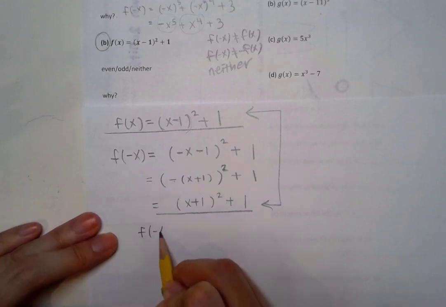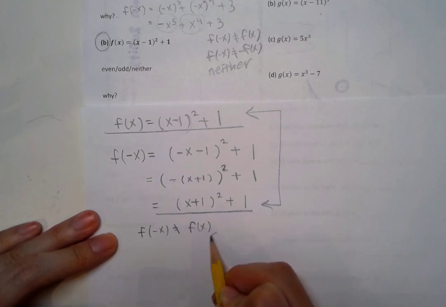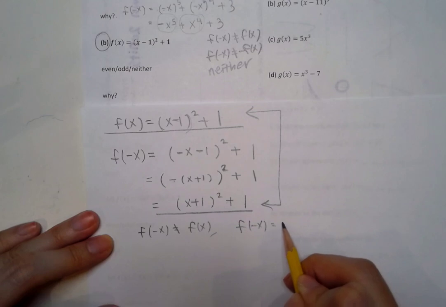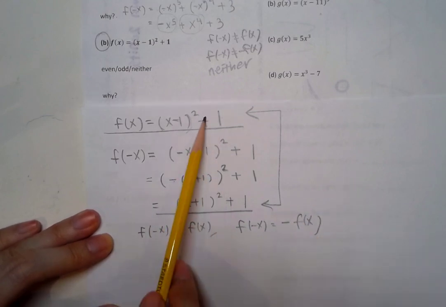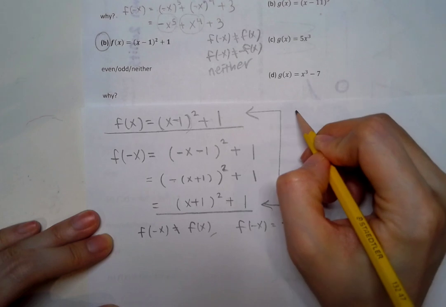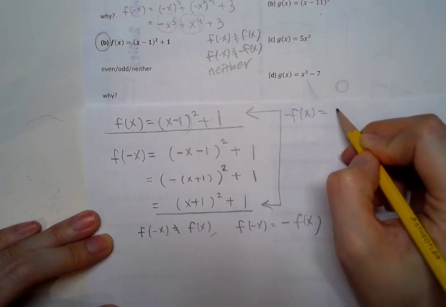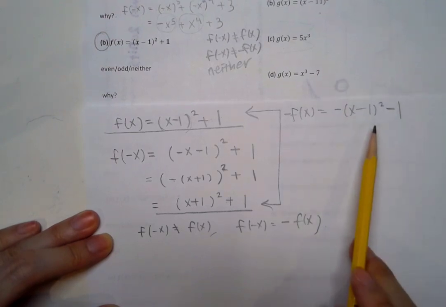So you can say f of negative x is not equal to f of x, and also f of negative x is not equal to negative f of x, because this plus 1 does not change. That means it's not negative f of x. If you have negative f of x, then you get negative x minus 1 squared minus 1, right?